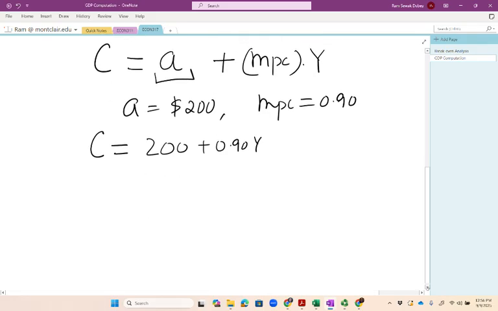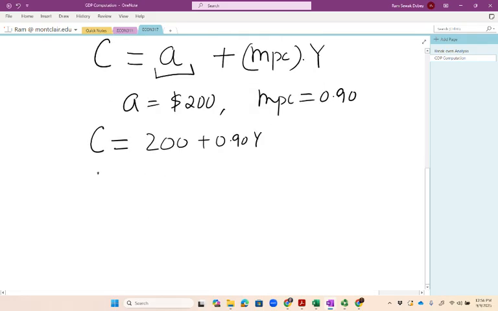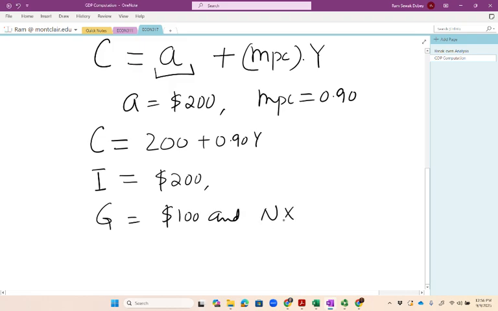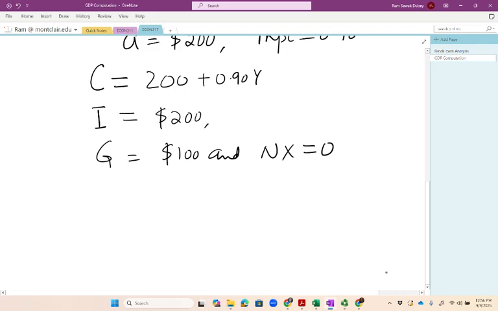Now we will also have additional information about the private investments. Let's say it is $200. The government expenditure $100, and for simplicity I will take net exports to be 0, which means the export and import balance out each other.